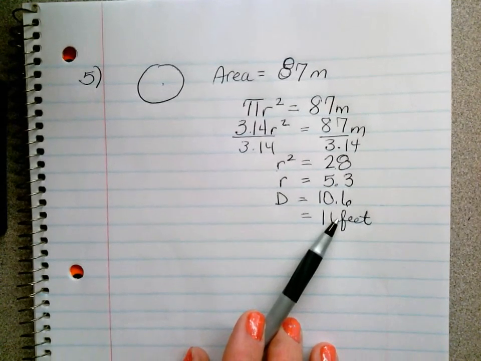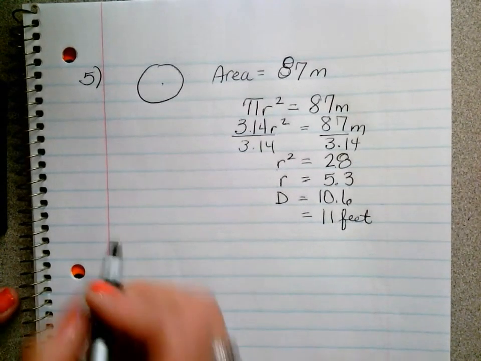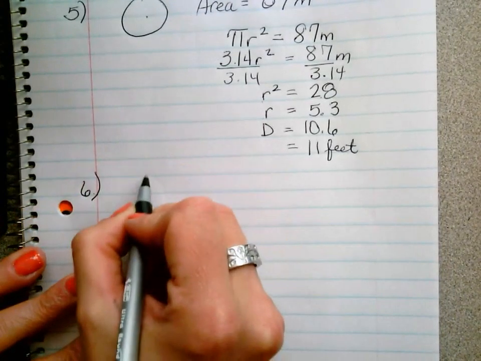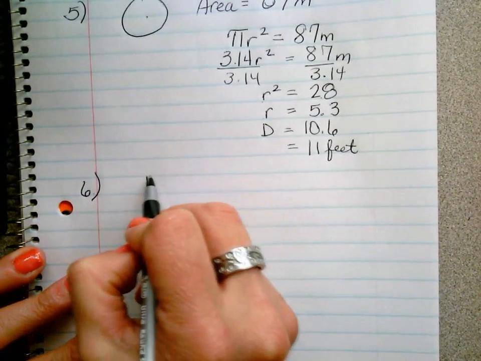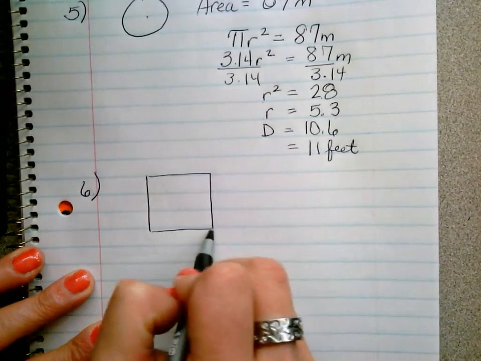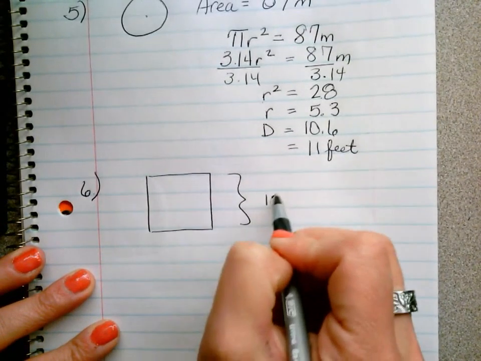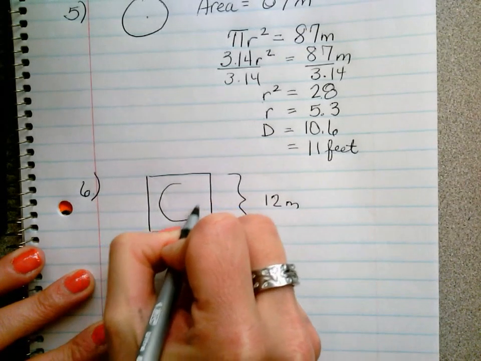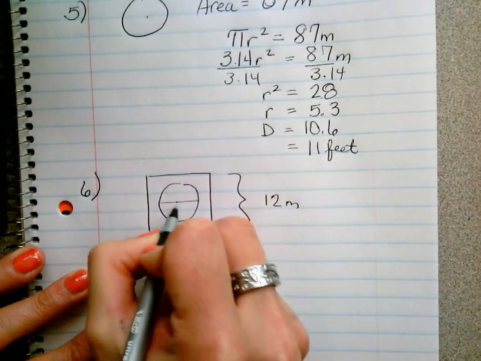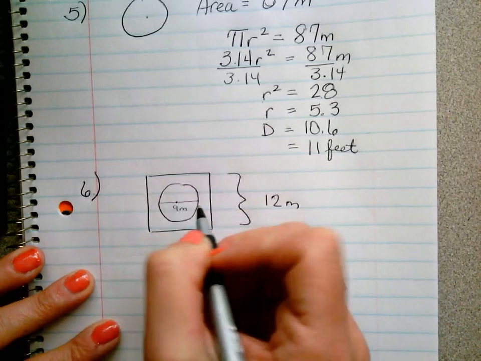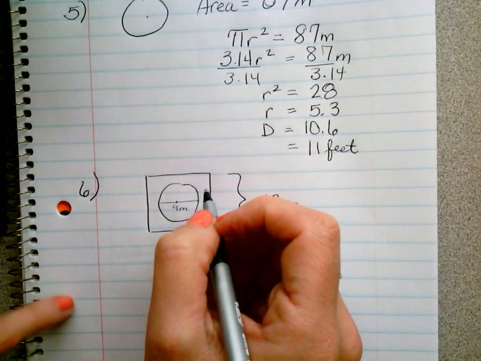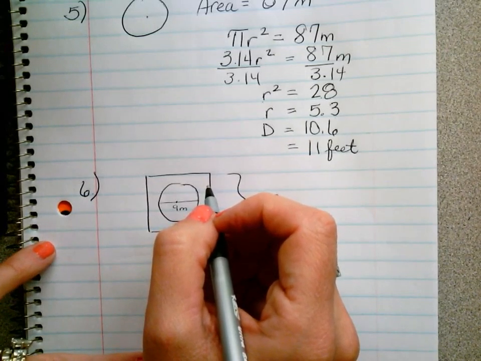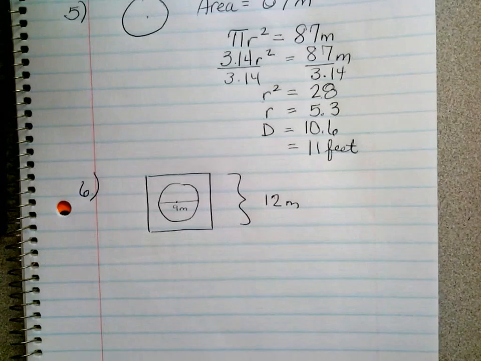Okay? Last one, number 6, a wrestling mat. I've got myself a 12 meter square mat, and there is a circle in the center that has a diameter of 9 meters. Am I right, guys? What is the area of the part not used for competition?